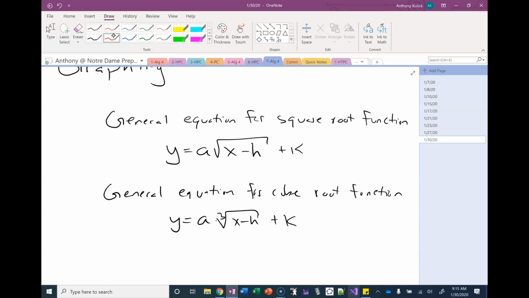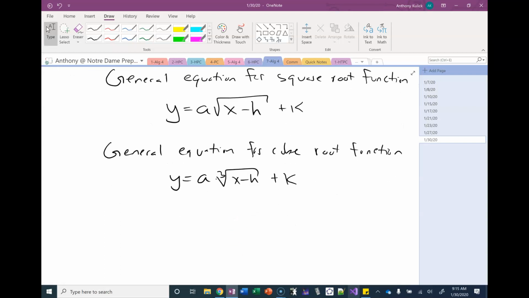Do you recall what transformations the coefficient of A is going to give us? This was something we did in first semester. It's not a translation. It's a dilation is one of them, yes, and the other one is a reflection. Okay.